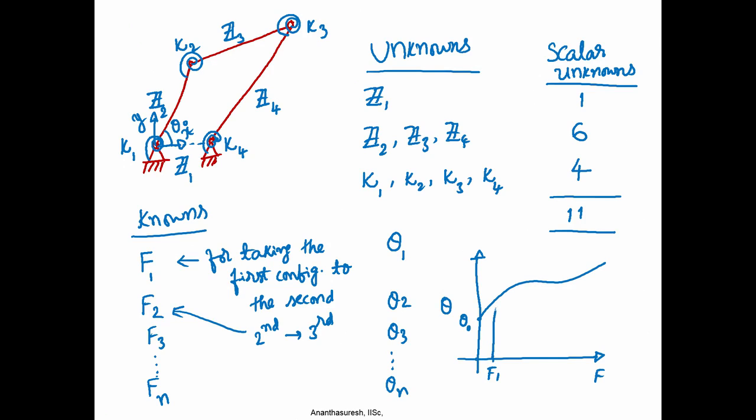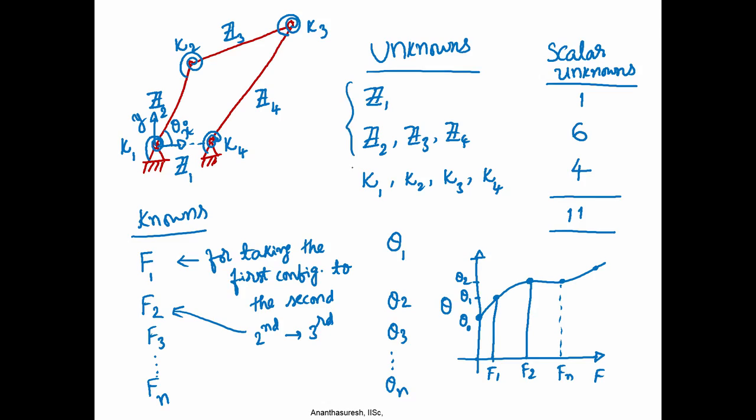When I apply F1, I want theta 1, when I apply F2, I want theta 2 and so forth. So, I am taking these points, the original point and some more points. This could be Fn, this is F2. So, this is a function I am specifying. I may not give a function as an expression, but I may give you for sure what thetas I want for different F values.